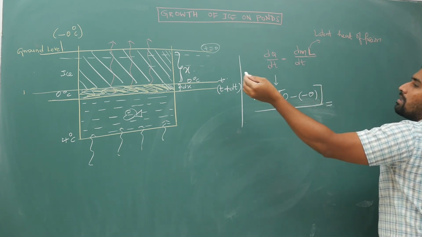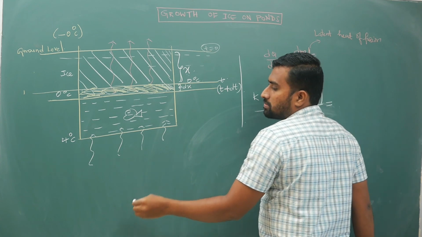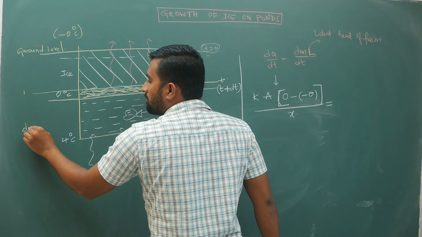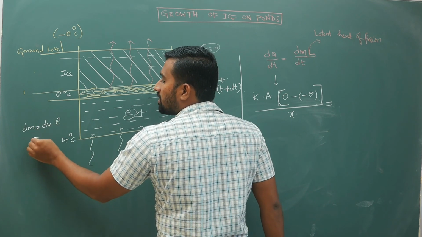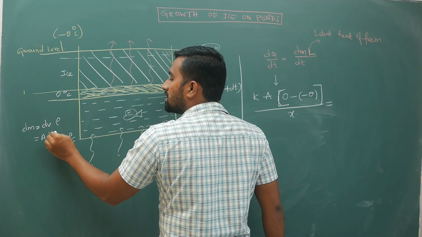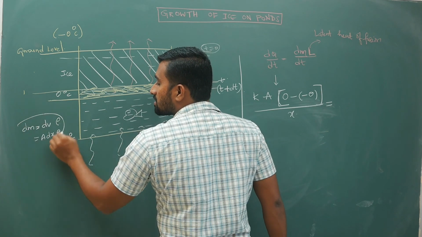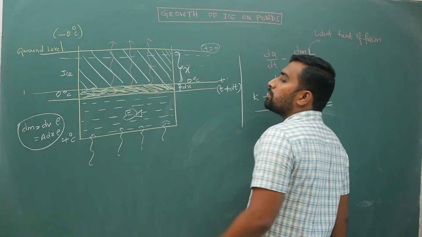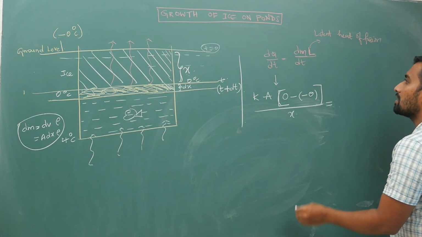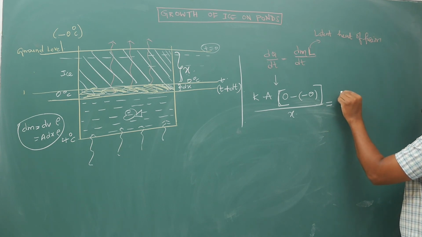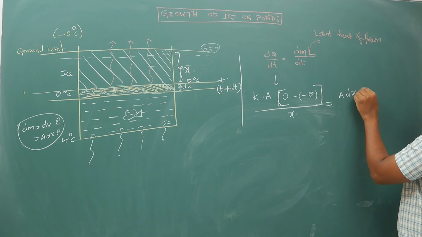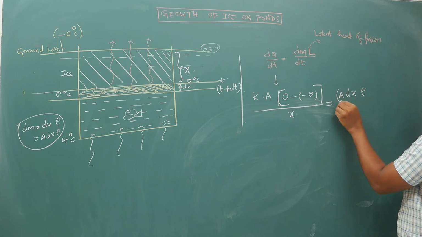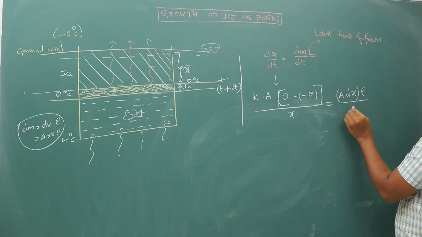Now for small mass, mass is volume times density. So dm is small volume dV into density rho, and dV is area of cross section into height, A dx. So this shaded portion's volume is A into dx. So dm can be written as A dx into rho, small volume into density, by time dt.